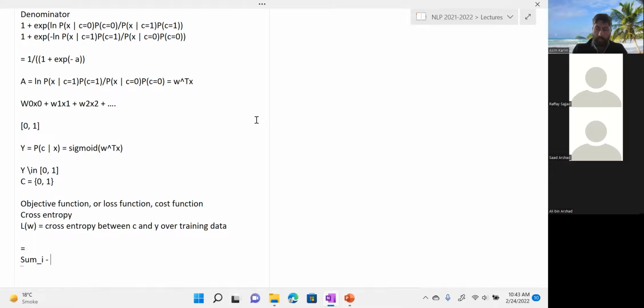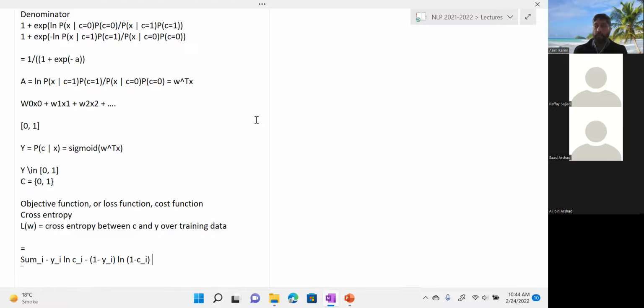Then we define the entropy as minus, with subscript i, y_i times the natural log of the probability, or simply c_i. Entropy is, of course, the variable multiplied by the log of the variable itself. This is cross entropy, and the two variables here are y and c. The other term is 1 minus y, and I will mention why it is this way, times ln(1 minus c_i).